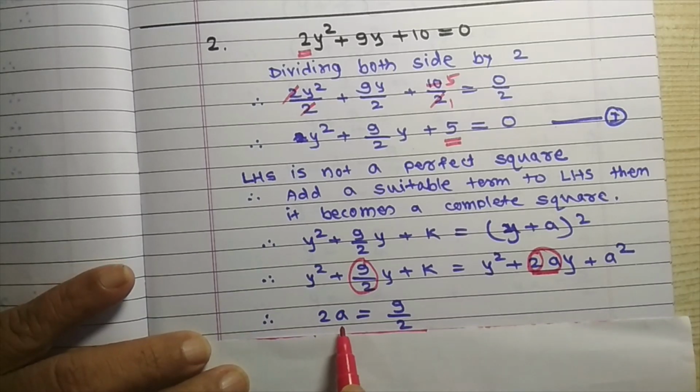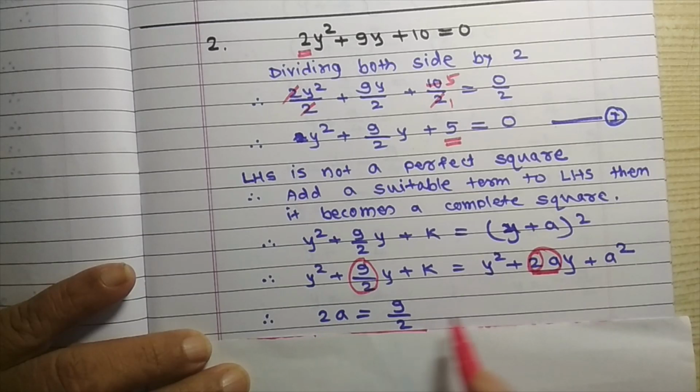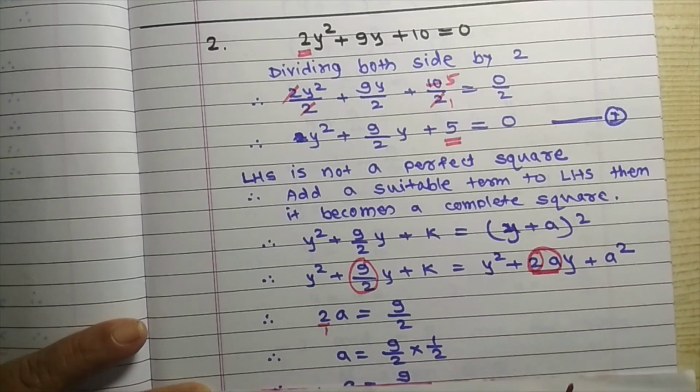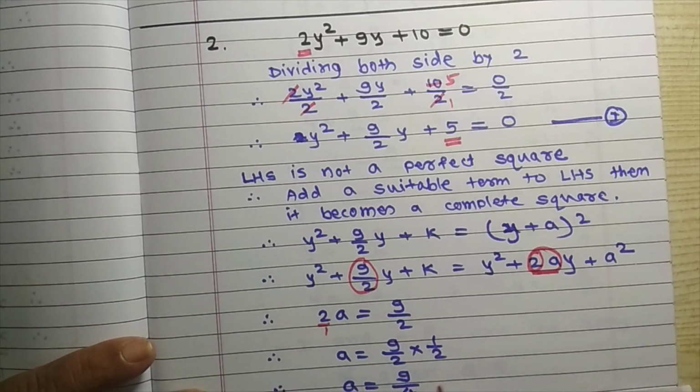It becomes 2a is equal to 9 upon 2. We have to multiply here, then we have to take in the denominator place. Then it becomes a is equal to 9 upon 2 into its denominator 1. We have to take a reciprocal of this one, means 1 upon 2. Finally, it becomes 9 upon 4. a is equal to 9 upon 4.